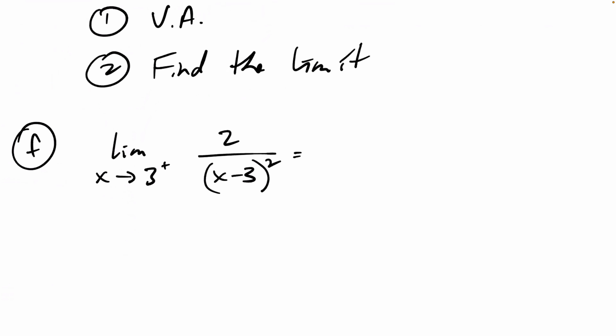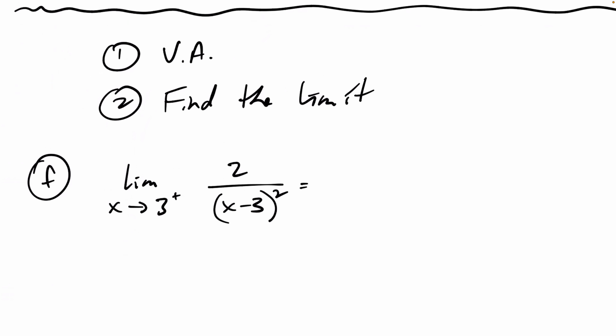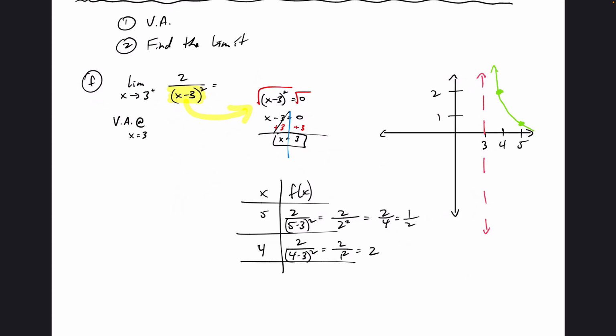Do that one first. For vertical asymptotes, you set the bottom equal to 0. You're going to get 3. Okay, so it's a vertical asymptote at 3.